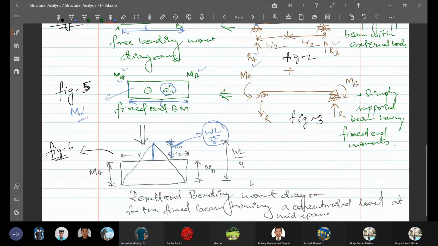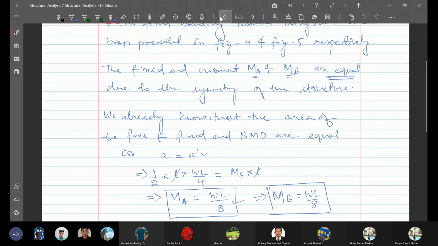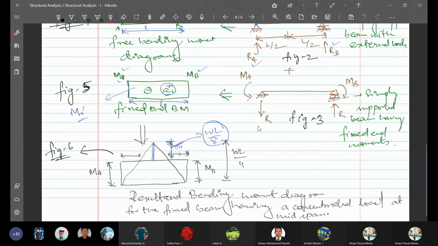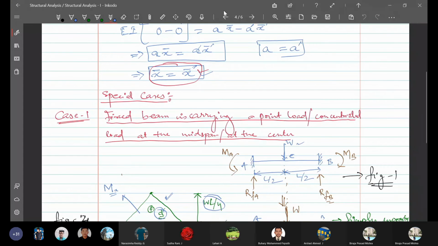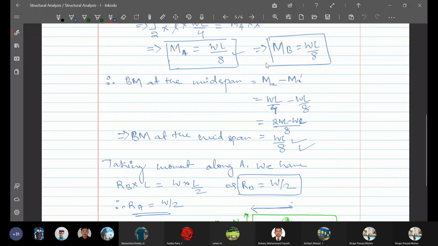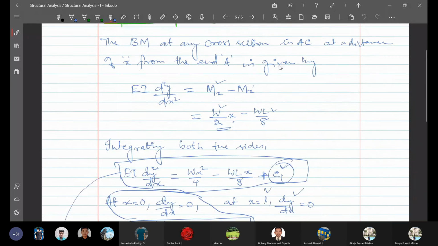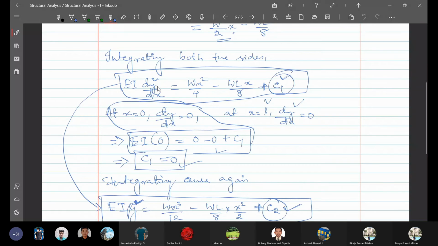If we are getting the value of C1, that I understand. So here, if I am putting the first boundary condition itself, we are getting the value of C1.